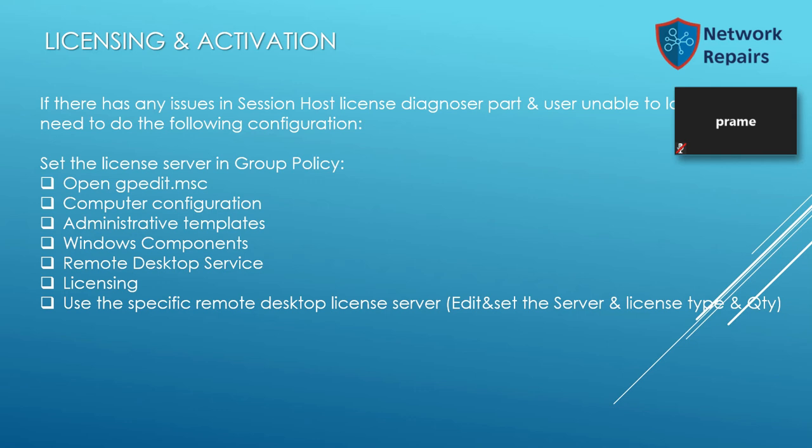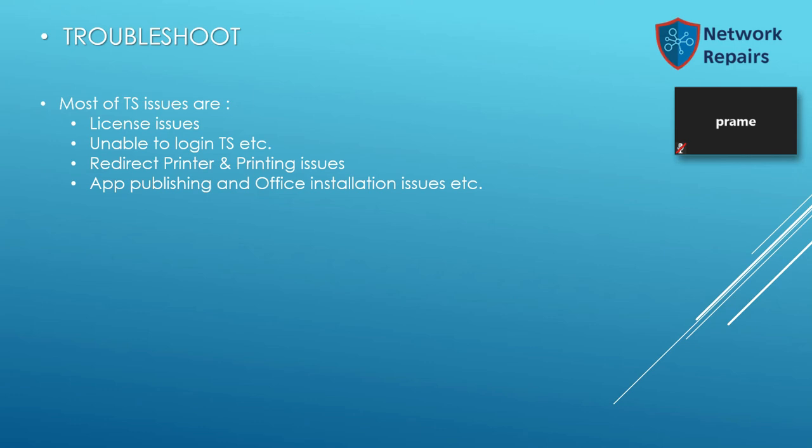Then you will find the policy: use the specified Remote Desktop license servers. Right-click on that policy, click Edit, and set the license server and the licensing mode as well. Then click save, then restart your computer.